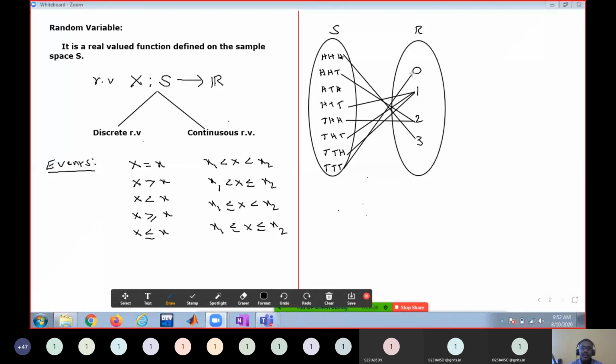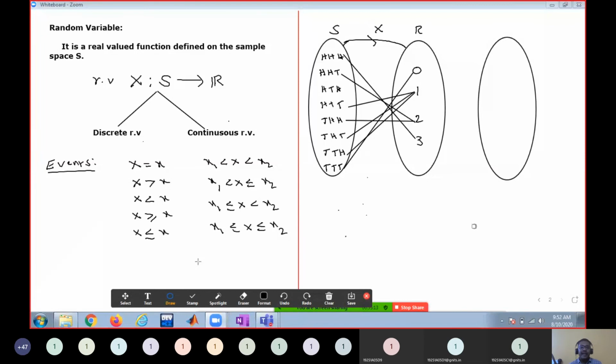So this is called a random variable. Though I am repeating, please understand this concept carefully. Now to each value of the random variable, I can assign some probability.